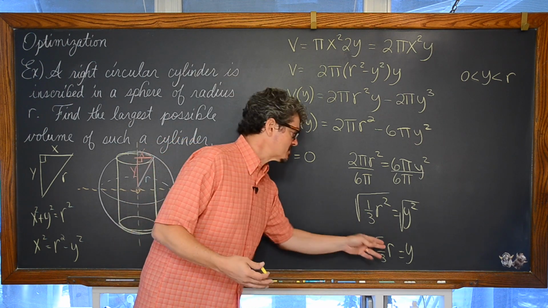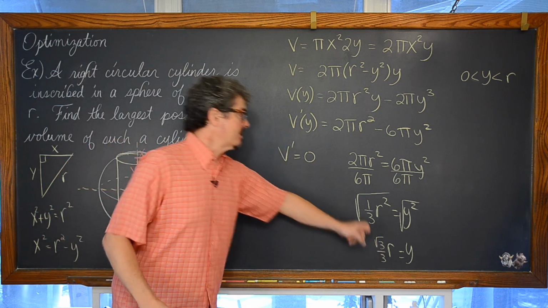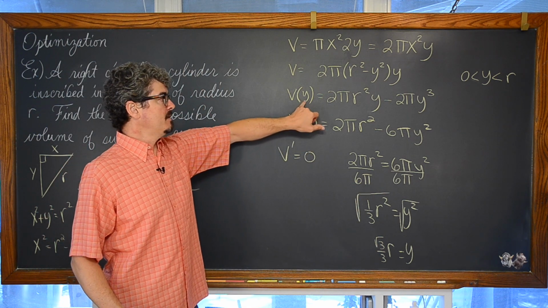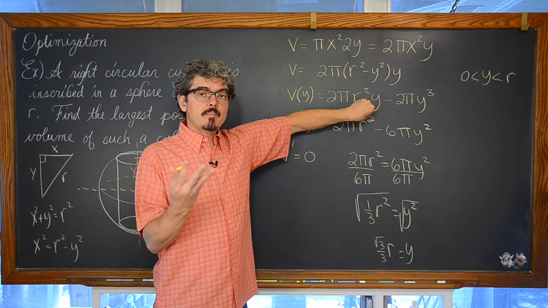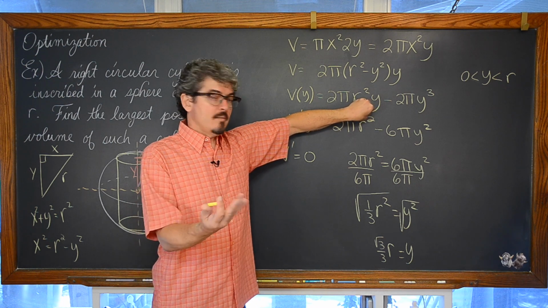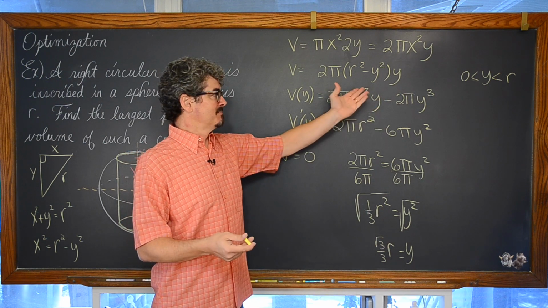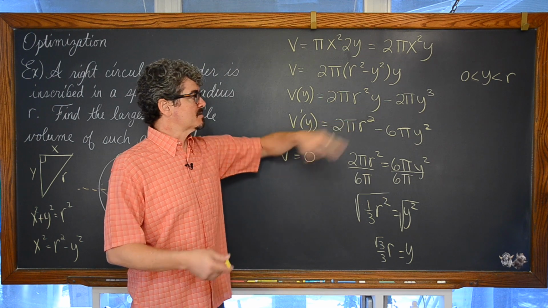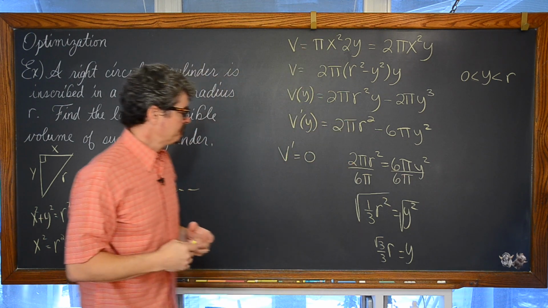You have to test whether v of y has a maximum or minimum there. Or maybe the first derivative doesn't change sign. Maybe this is just taking a rest, and the function is rising, leveling off, and rising again.